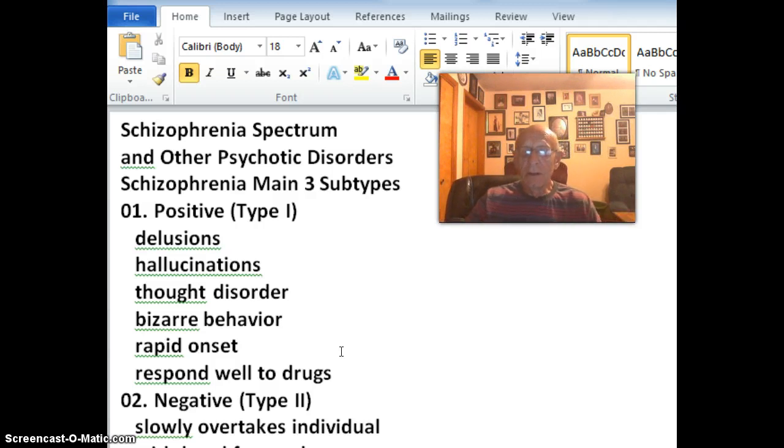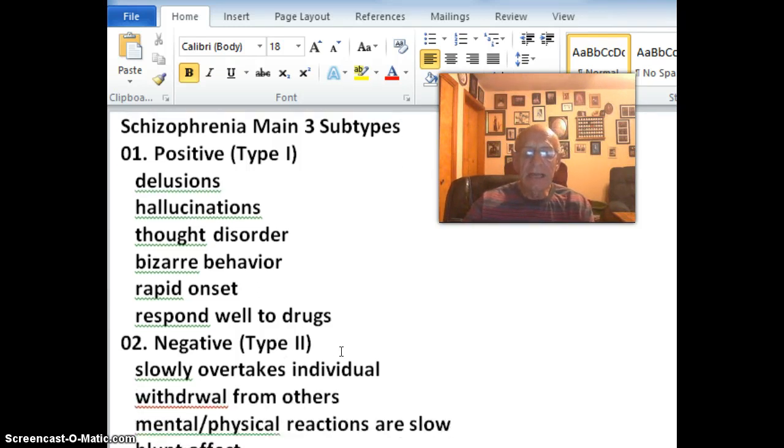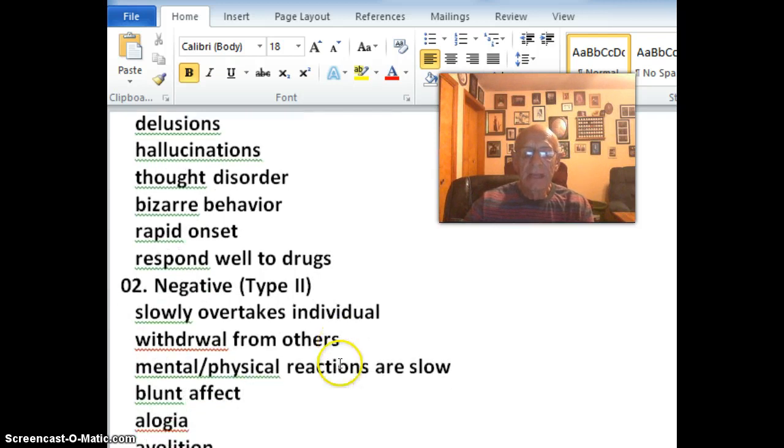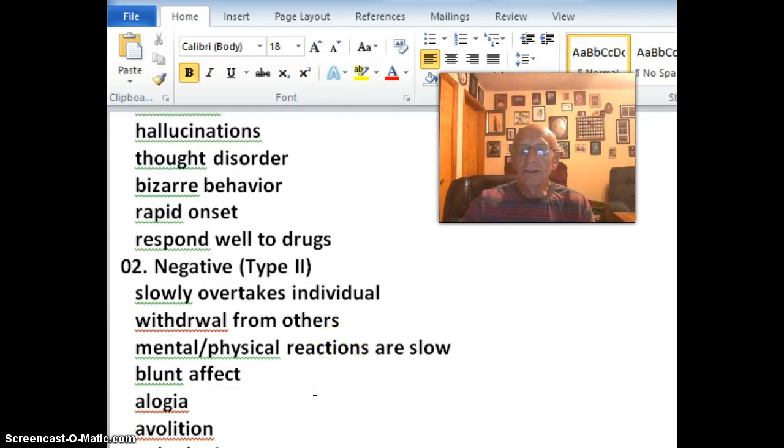All right, for the most part, these individuals respond well to drugs. And this is a positive type 1. They respond well to drugs. Now going on to the negative 2 then, the negative 2 slowly overtakes an individual. According to the DSM, it has to be a month or more.